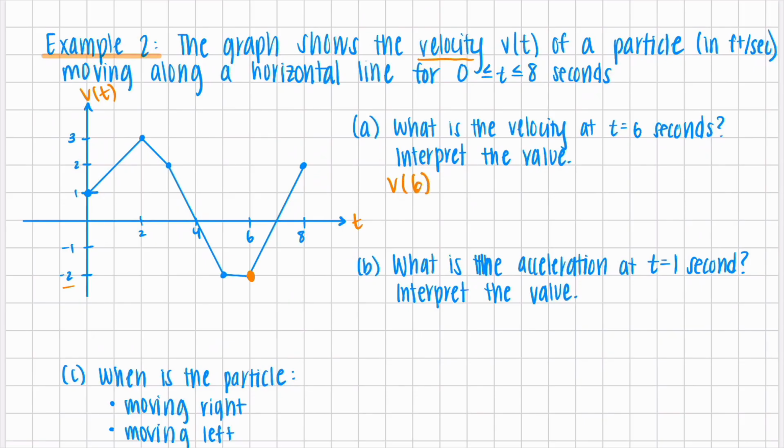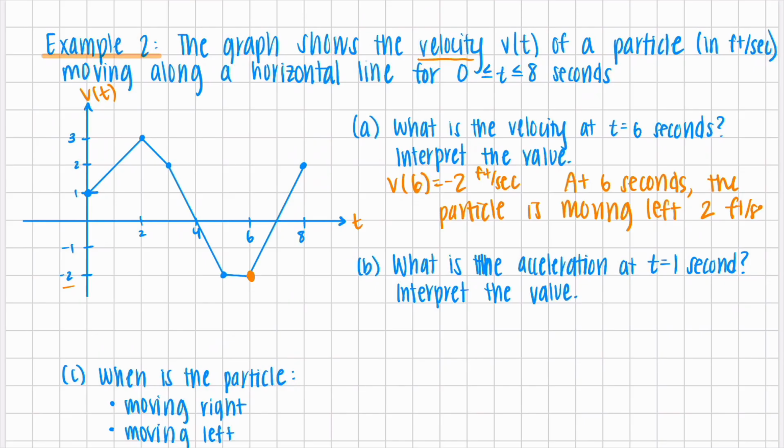So v of 6 equals negative 2, in feet per second. We want to interpret it, so I'm going to say at 6 seconds, the particle is moving left. I know we're moving left because my velocity is negative, moving left 2 feet per second.